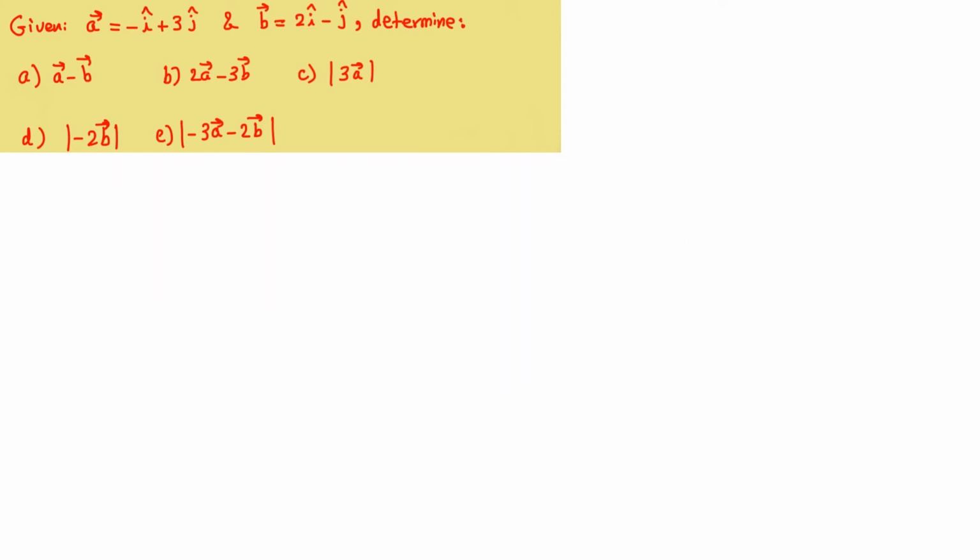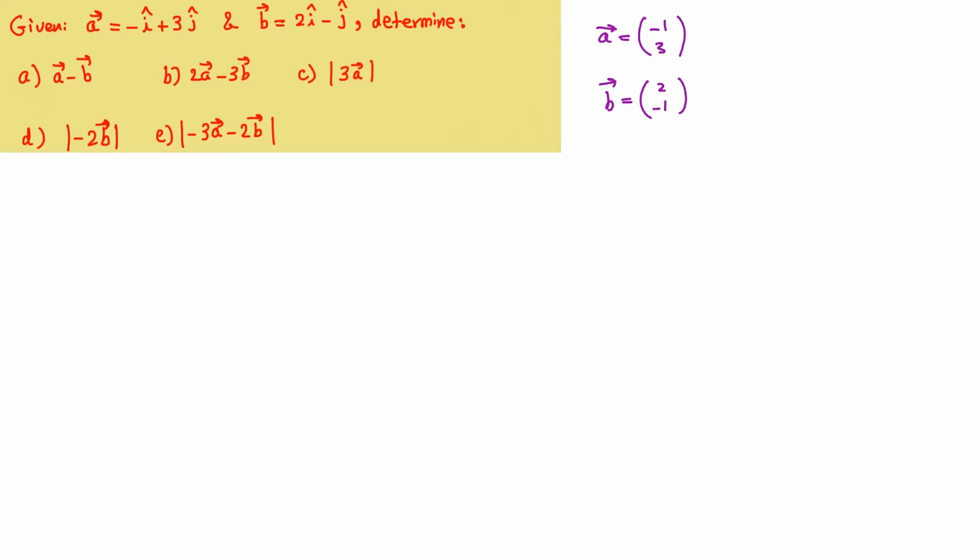Okay, we need a little bit more space, so let's do part E of the question on this page. So as a reminder, we're going to do vector A. A's components are -1 and 3, and vector B's components are 2 and -1.